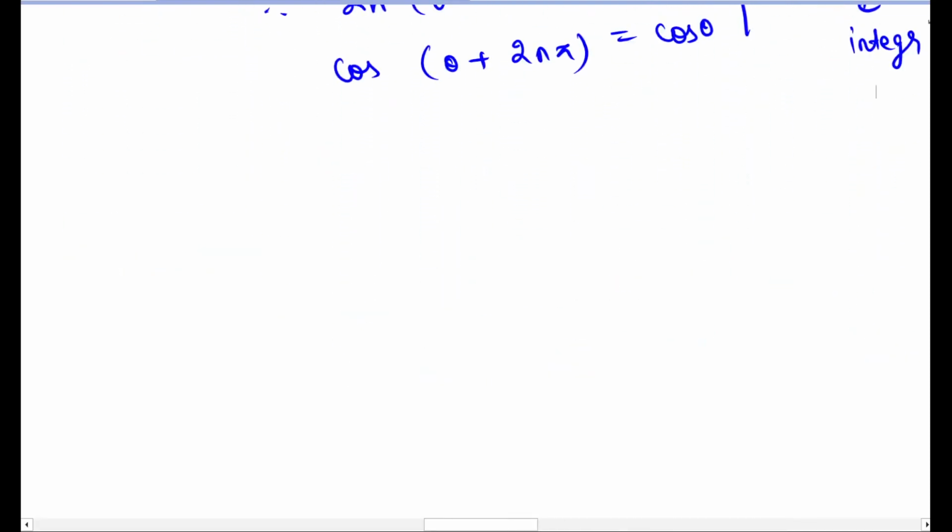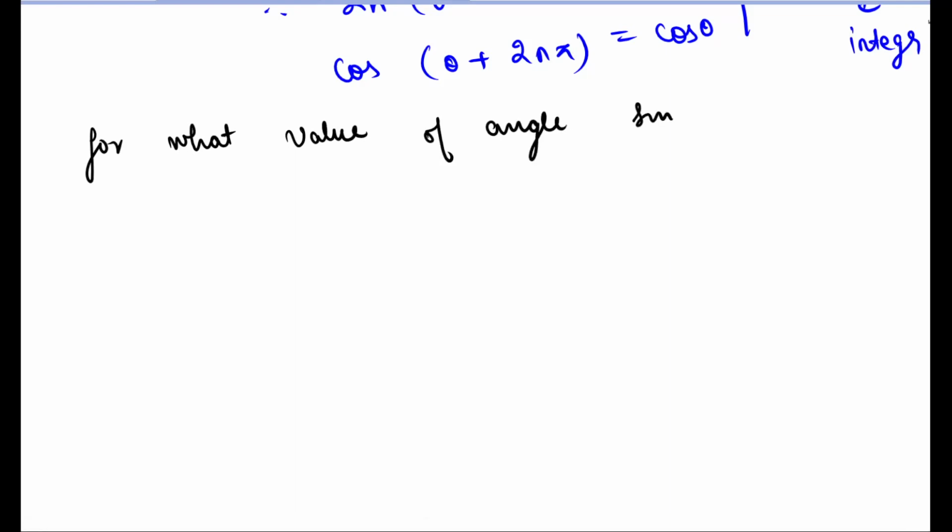Next we have, at what value of theta are the sine function and cosine function 0? For what value of angle is sine theta and cos theta 0?